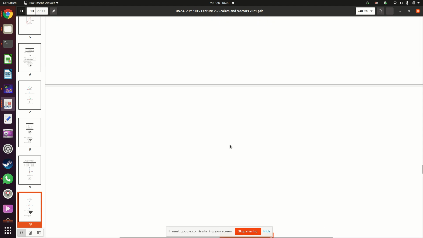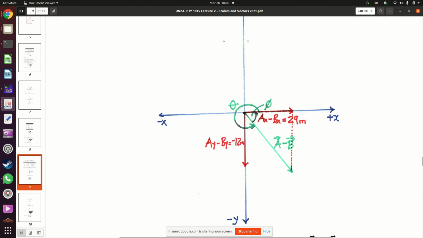The reason why it is negative is because this phi is measured clockwise. Angles measured in an anti-clockwise direction are positive. The angle theta is always measured from the positive x-axis, then you move in an anti-clockwise direction. The angle phi, which is the angle of the triangle you make, is always measured from the x-axis. That x-axis can be the positive x-axis or the negative x-axis.